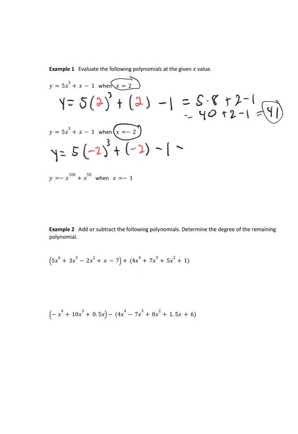All right, so in this case, negative 2 cubed would be negative 8, since it's an odd power. So 5 times negative 8. And then plus negative 2 would be the same as minus 2, minus 1. So negative 40 minus 2 minus 1. Looks like that would be negative 43.